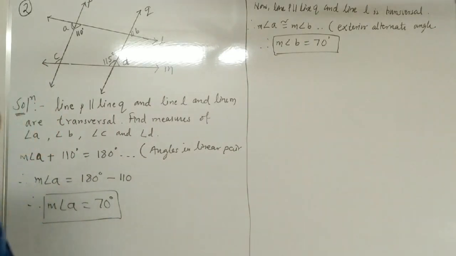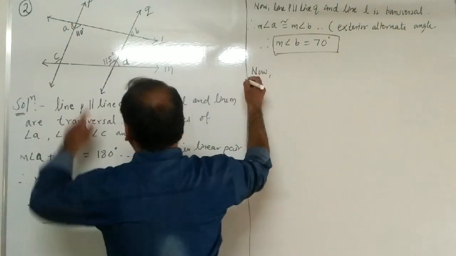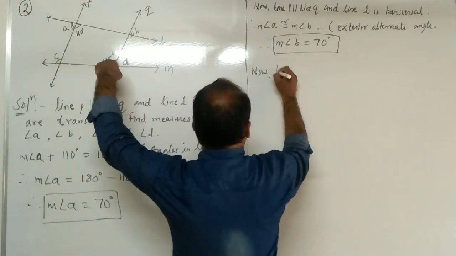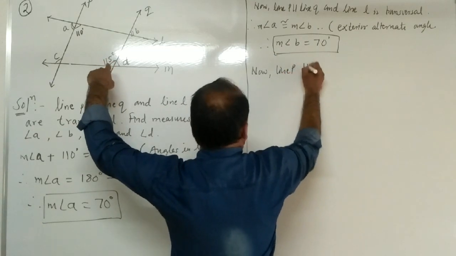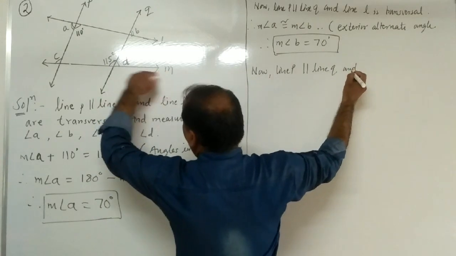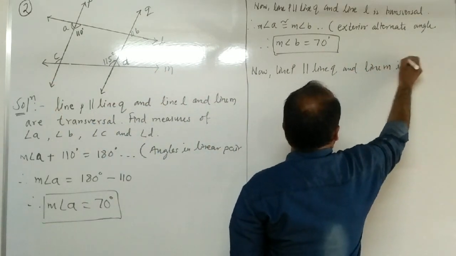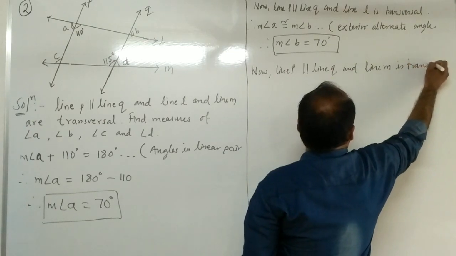Now, next, we will consider line P is parallel to line Q and line M is the transversal.